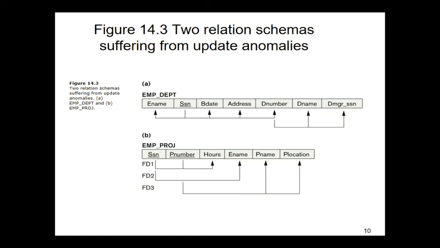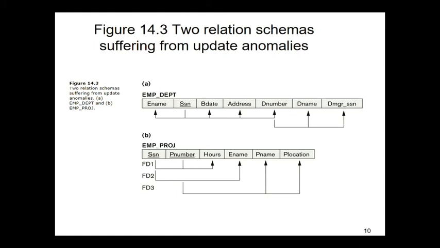Okay? So, we have two relation schemas that clearly are suffering from update anomalies, right? So, again, what's in the first one? I have department name and the department manager associated with the employee record.